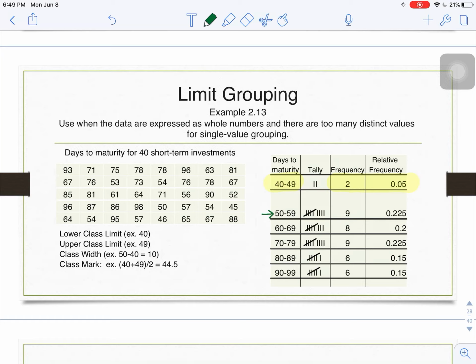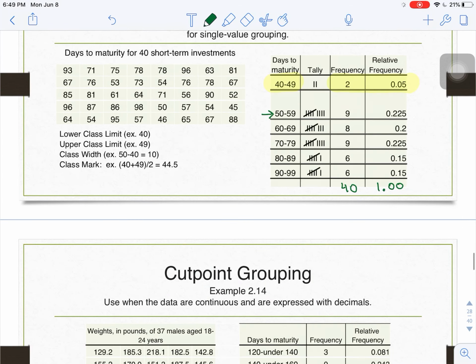So again, you have the 50 to 59, so you have that range of data. You have 40 people again that were surveyed. And if you add all of the relative frequencies together, you will get 100% of the data.